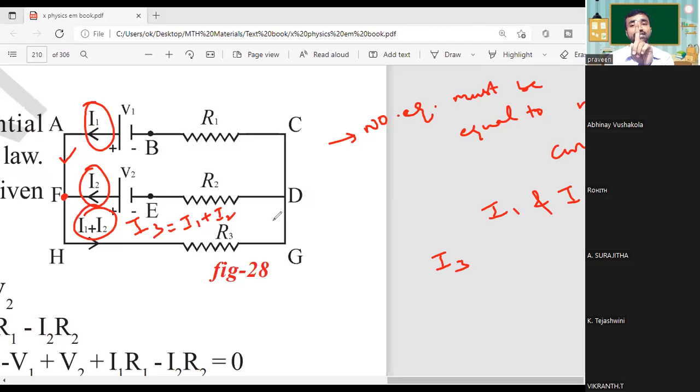Only one current is leaving, which I take as I3. So I3 is the sum of the two currents reaching the junction; leaving or reaching, both are the same. We are using the junction law in the loop law. Is it clear?